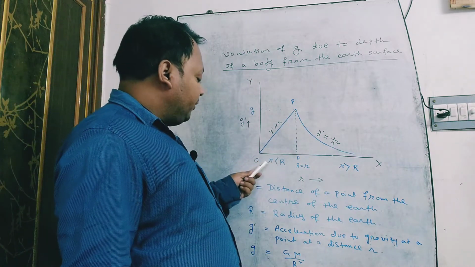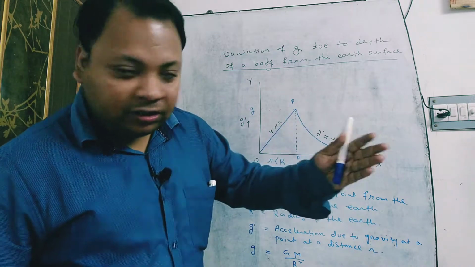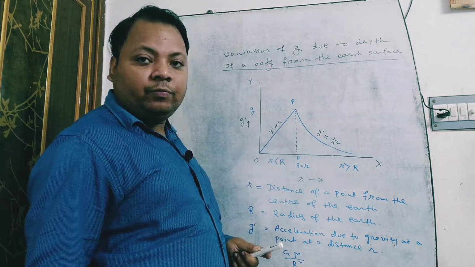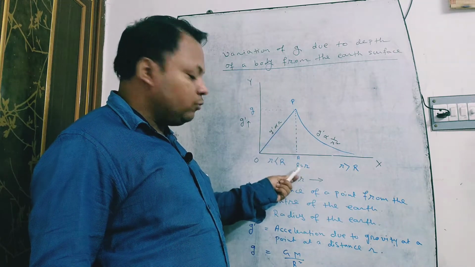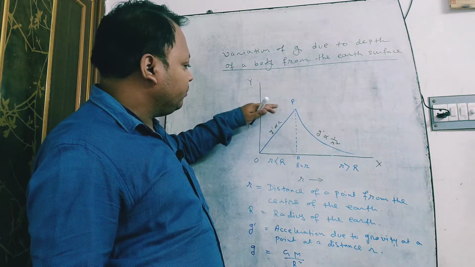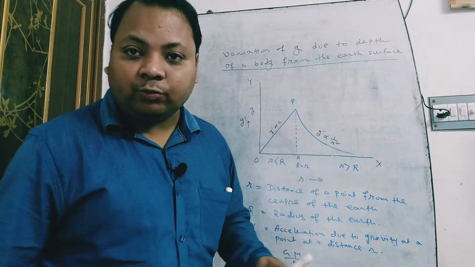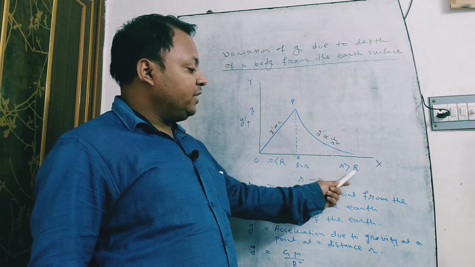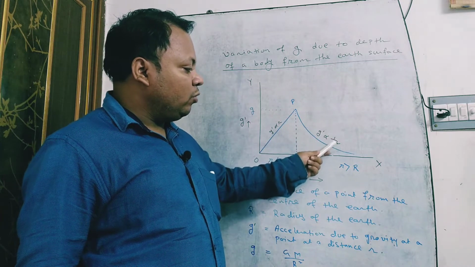Inside the Earth, where small r is less than capital R, the radius of the Earth, g prime is directly proportional to small r. On the Earth's surface, when small r is equal to capital R, the value of g prime is maximum, and after that the value of g prime is inversely proportional to r square. That is, when small r is greater than capital R, g prime is directly proportional to 1 by r square.